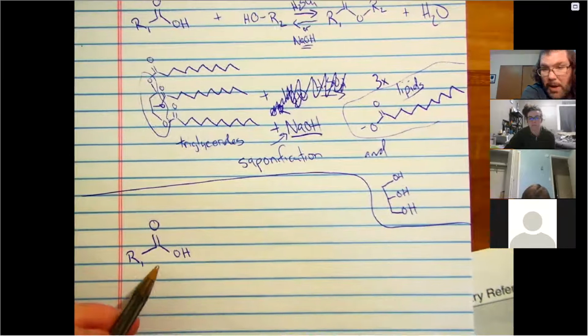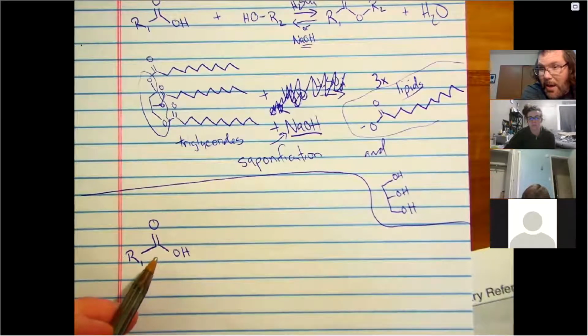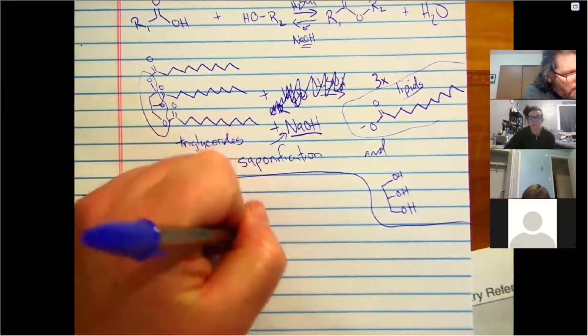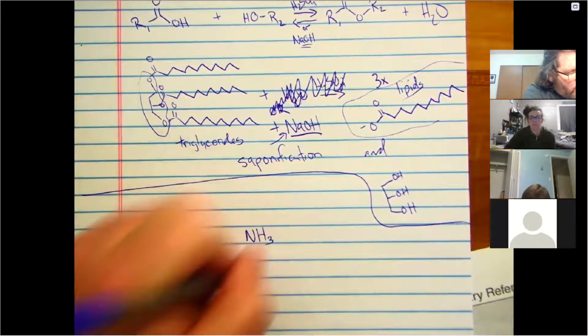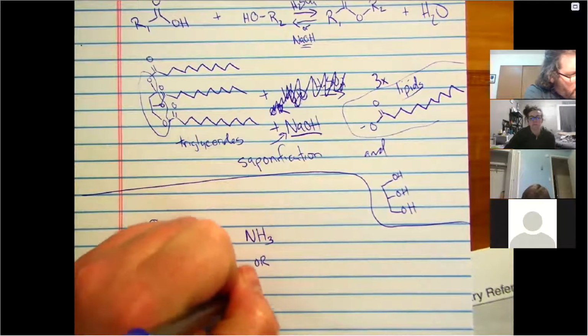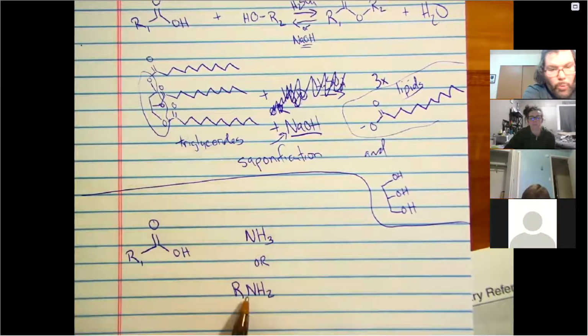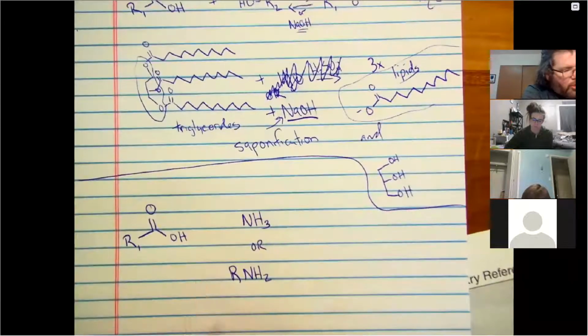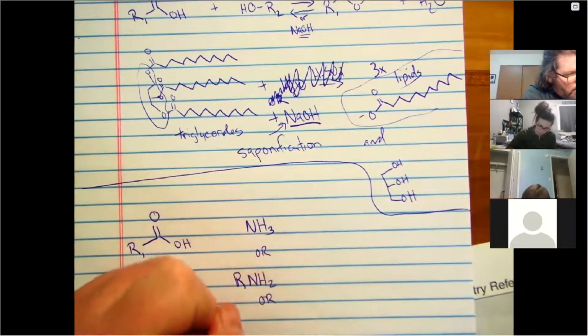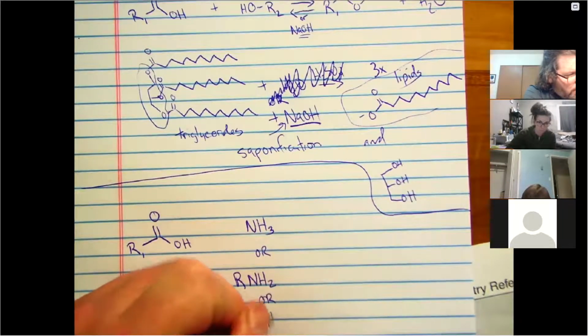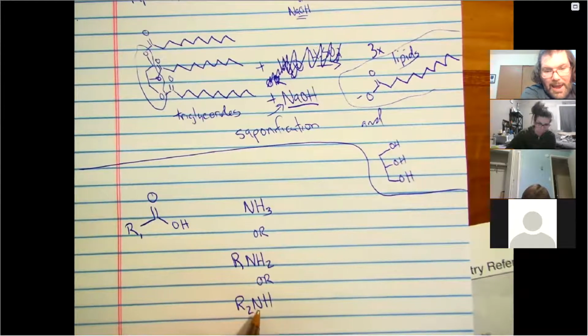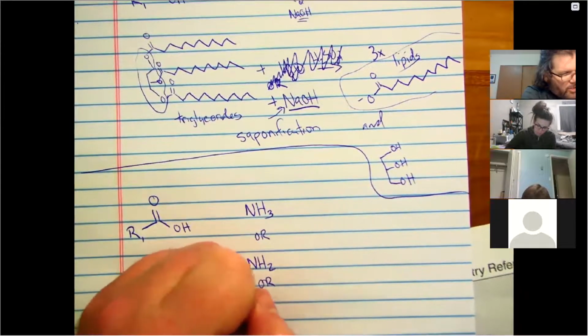We could treat this carboxylic acid with any of NH3, or NH2 with 1 alkyl group attached to the nitrogen, or NH with 2 alkyl groups attached to the nitrogen.